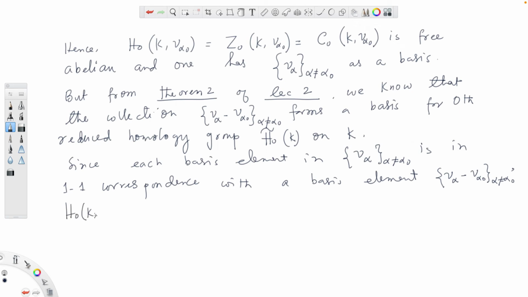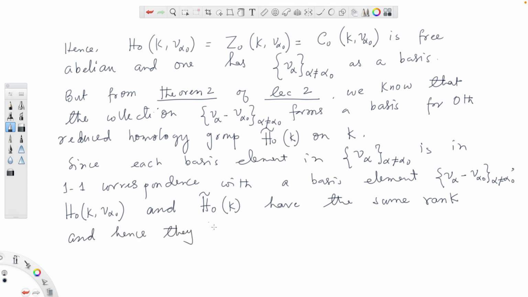H0 of K comma V sub alpha 0, this guy, right? And H0 tilde of K have the same rank as free abelian groups, and hence they are isomorphic.